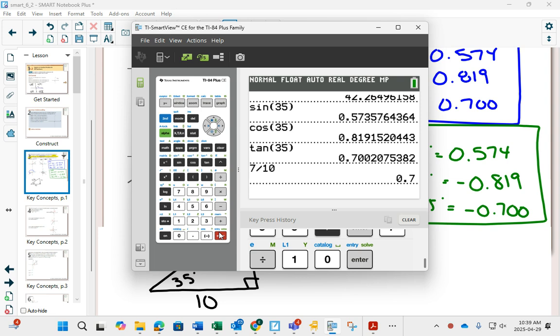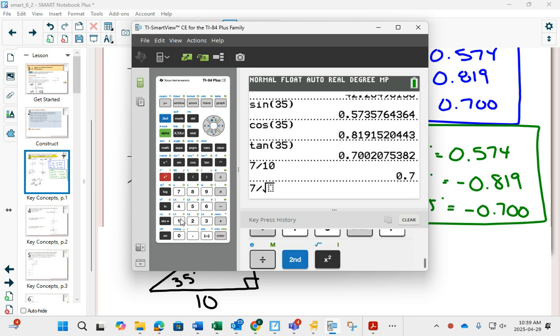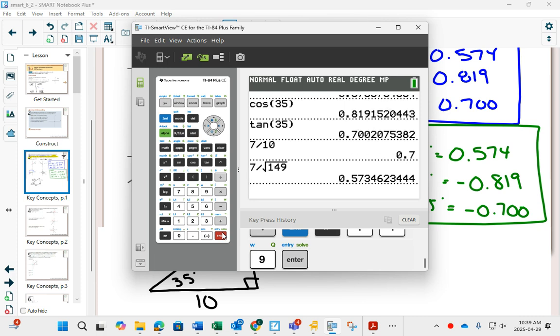What is opposite 7 divided by the square root of 149, which is what I got in my triangle now? Your calculator has it built in. Look, I got 0.573. What does the calculator tell me? 0.574, because my 7 and 10 isn't super accurate.